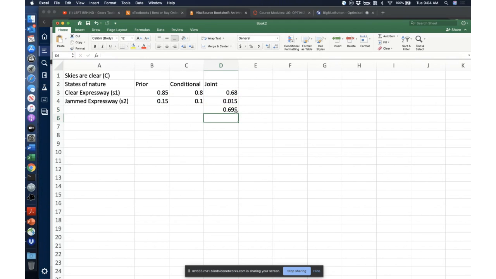So about 69.5% of all of their drives, they noticed that the skies were clear. Now you can calculate posterior probabilities. That will be the joint probability divided by the marginal.